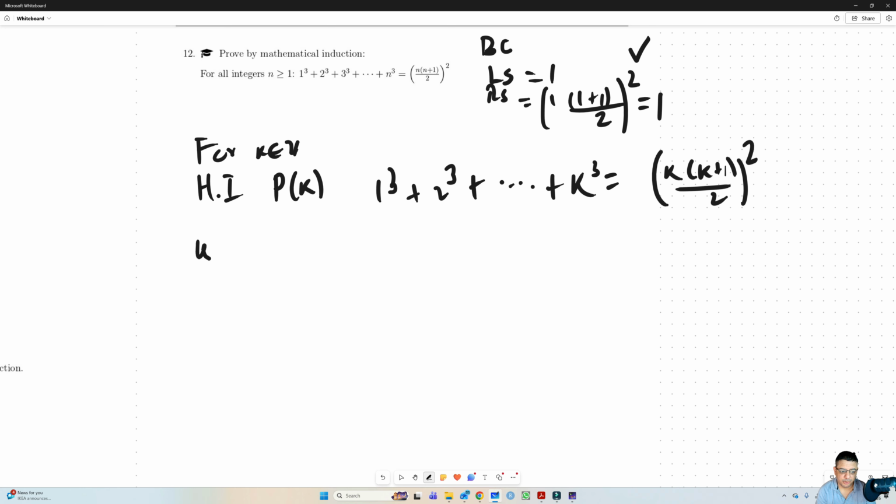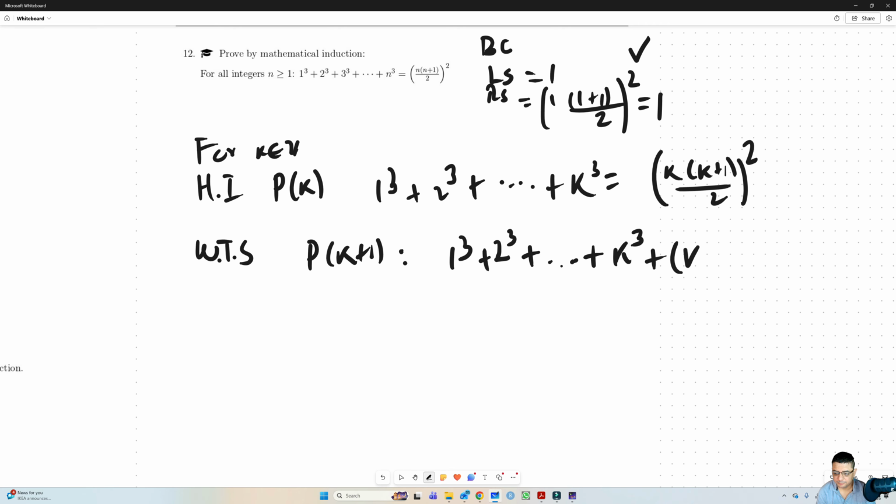Now we want to show P of k plus 1, which is the first k plus 1 cubes will be equal to k plus 1 times k plus 2 over 2, everything squared. So now let's show it.